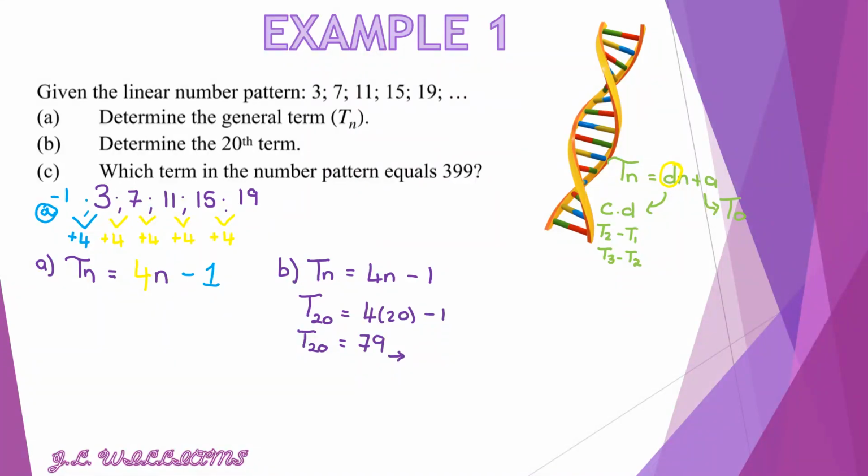And finally, the last question, which term in this pattern equals 399? We are given the value that is in a certain position, and so that value will be substituted as Tn. Once more we say that Tn is equal to 4n minus 1. The value is 399, which is equal to 4n minus 1.